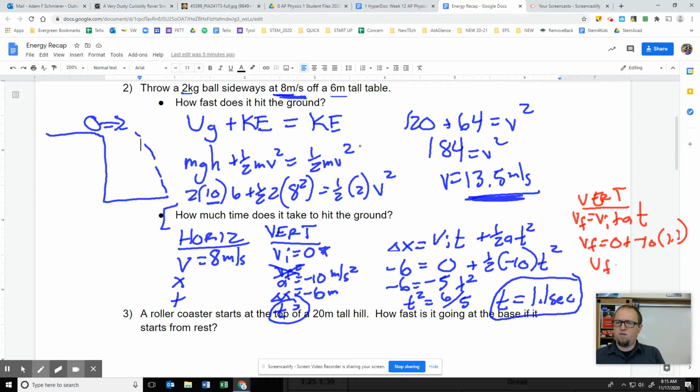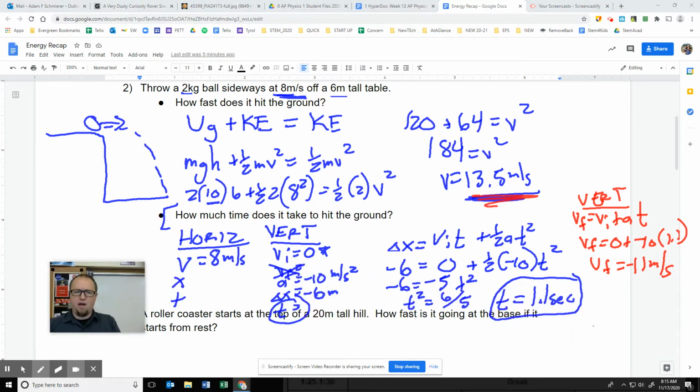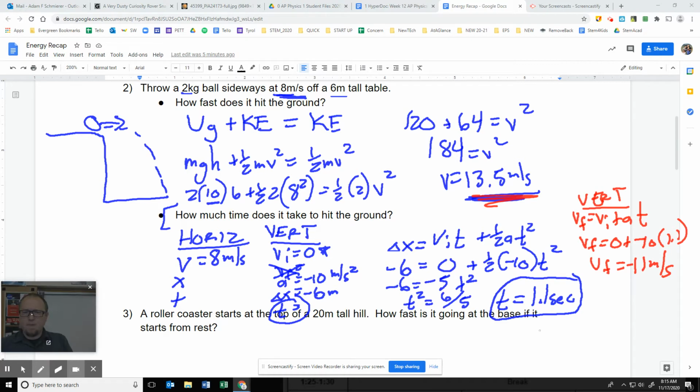So v final is -11. Watch this. Vertically, it's going -11 meters per second. Horizontally, it's going 8 meters per second.